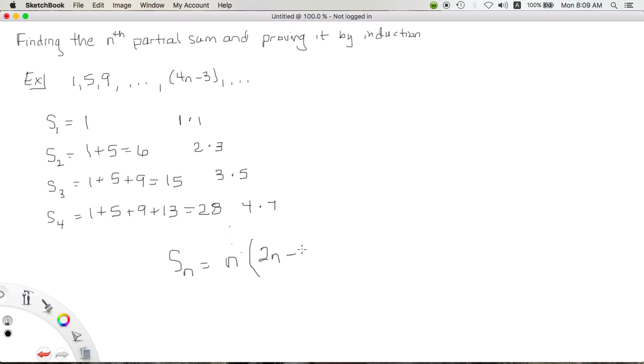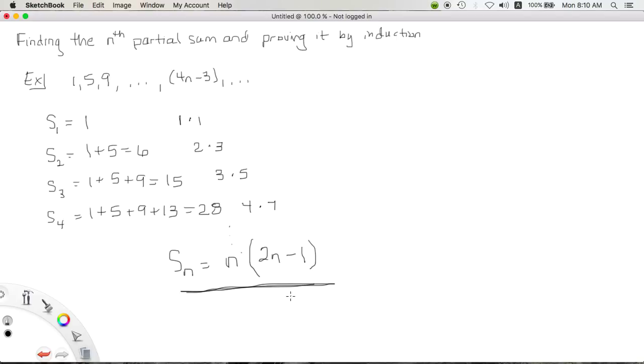So we see that we're 1 too many every time, and so 2n minus 1 will give us our proper odd numbers, and you can check this. You can say, well, okay, 1 times 1, that checks out. 2 times 2 minus 1 is 3, that works. 3 times 2 minus 1 is 5, that works, and so on. So what we have is the nth partial sum for this sequence.